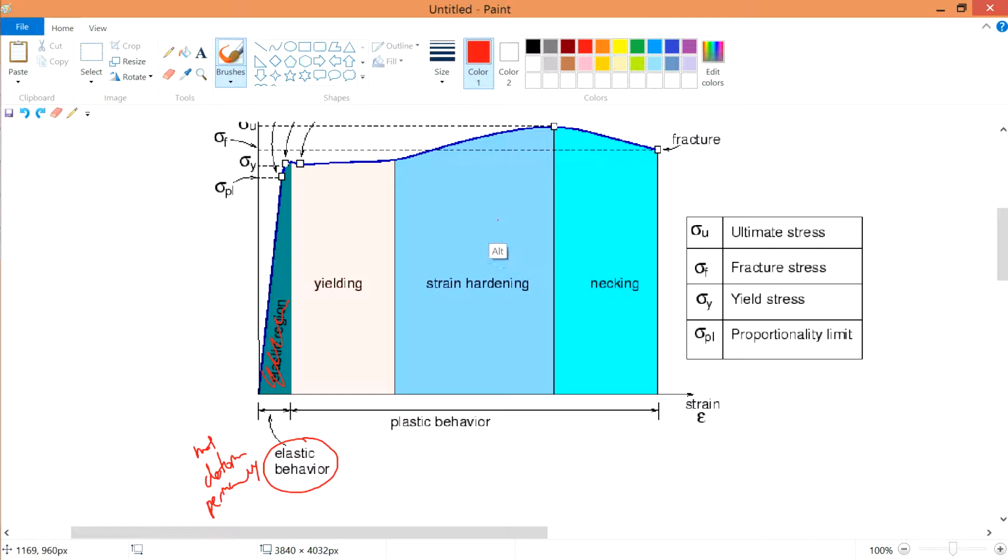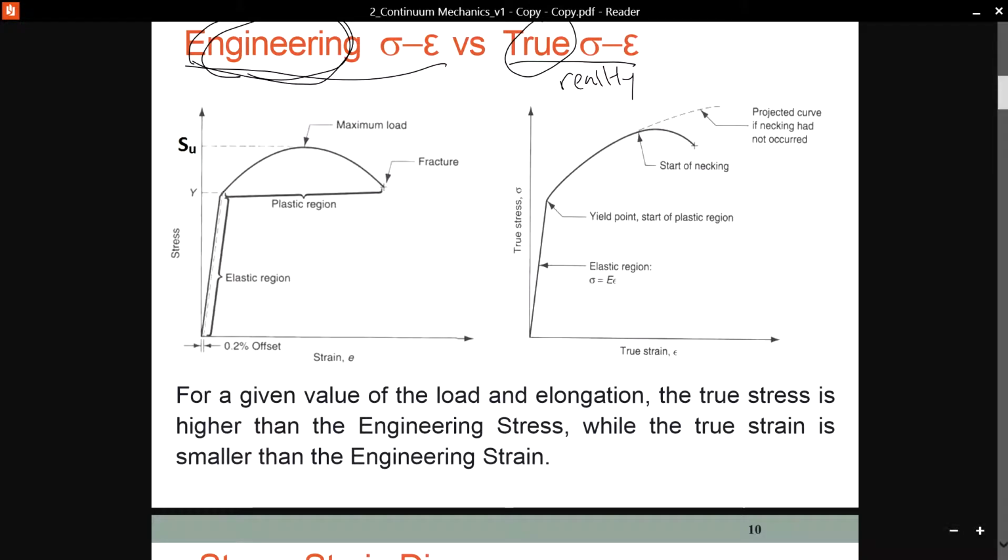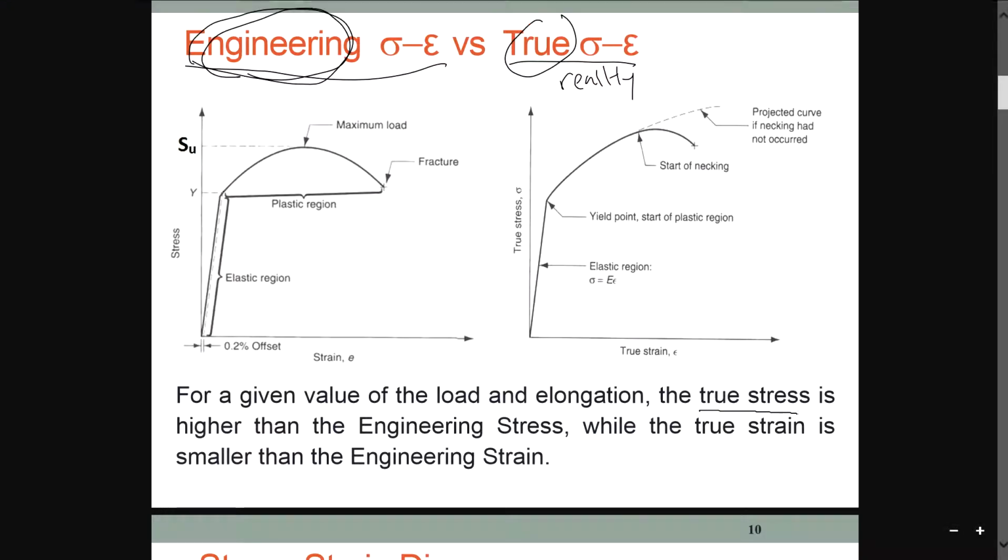And the true stress is often higher than the engineering stress, while the true strain is smaller than the engineering strain.